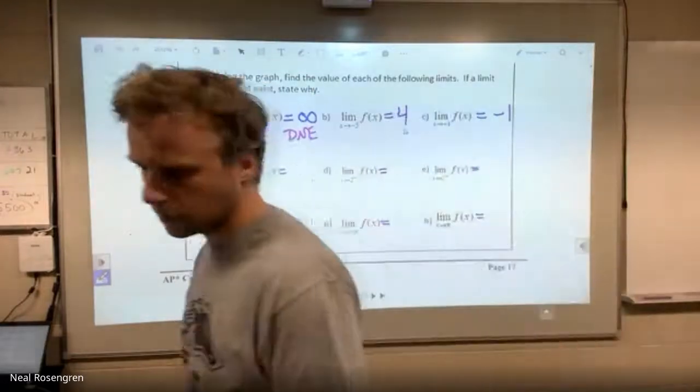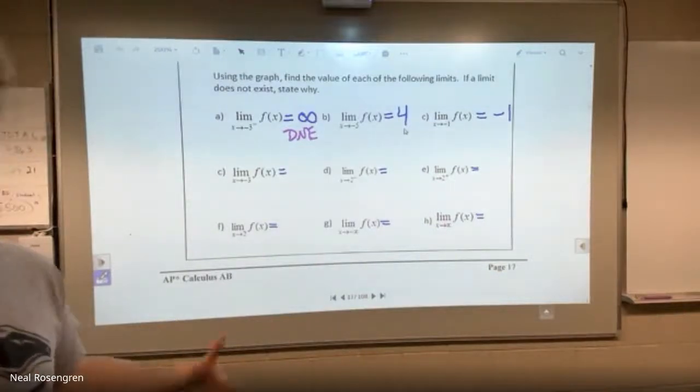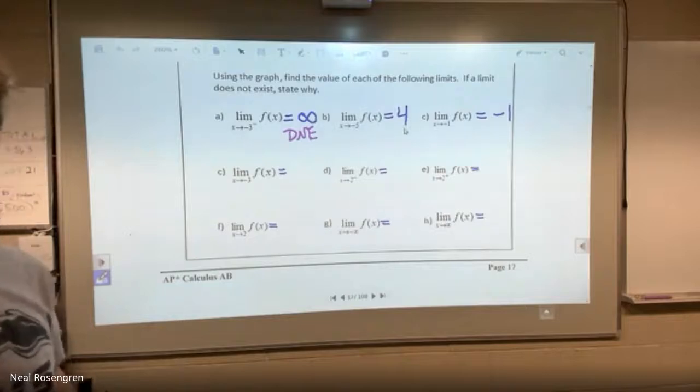Those are your first 3, so you can check those out. For A, feel free to use either what's in blue or what's in purple. They are interchangeable.